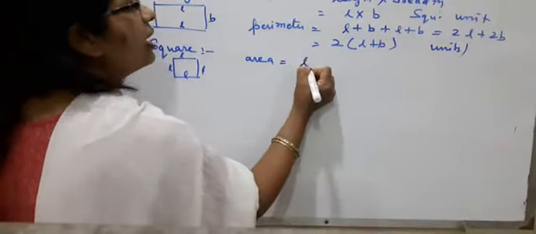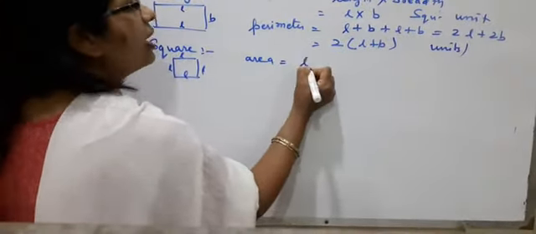Fourth is the parallelogram. Parallelogram is this figure, with sides L and B. Then the area of a parallelogram is equal to L into H. If we take length as L, then height is this.